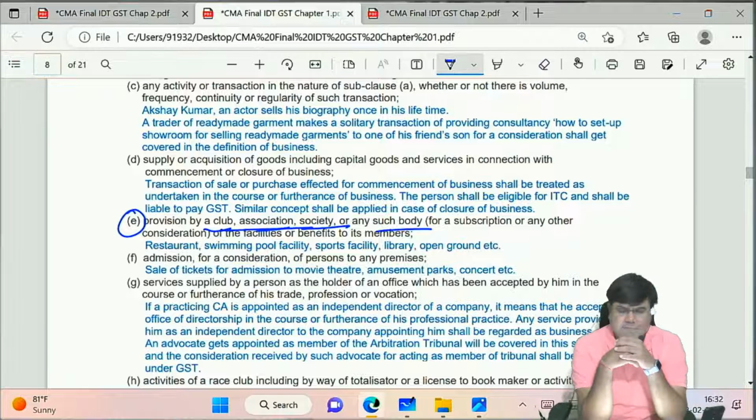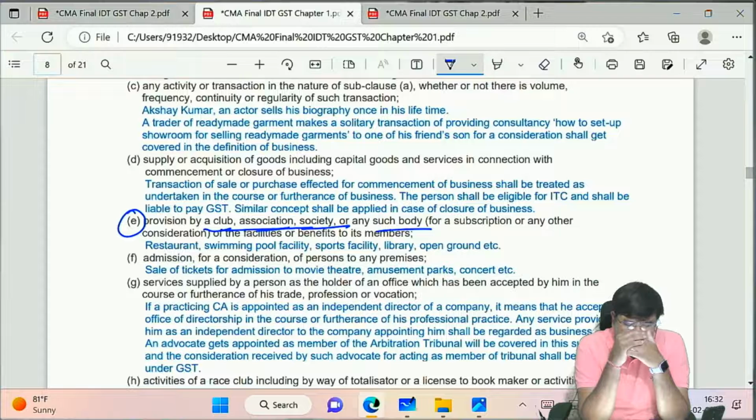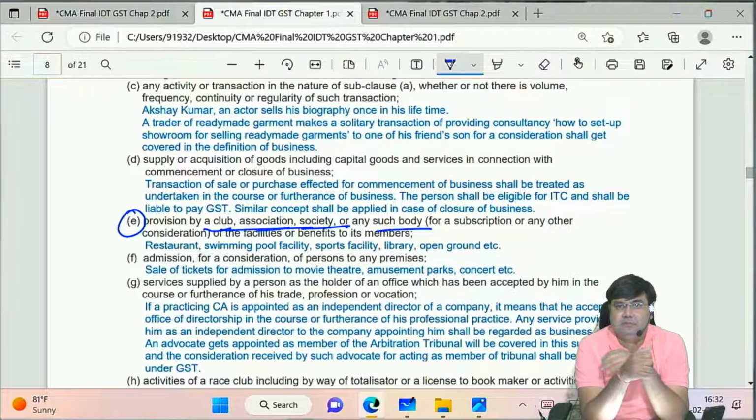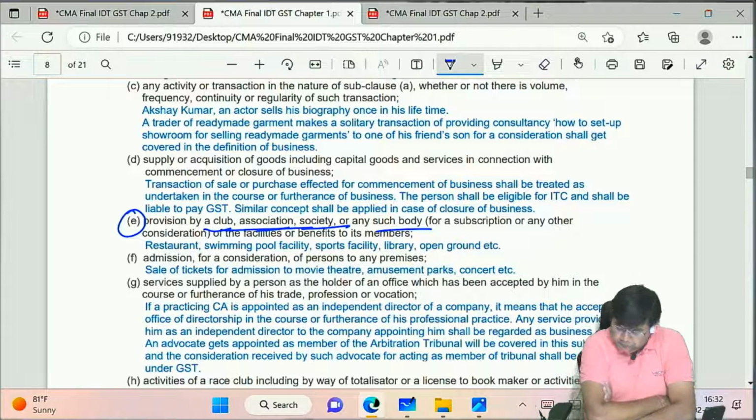So let me first explain through an example. You and me are neighbors. In your household as well as in my household, we need vegetables on a daily basis.